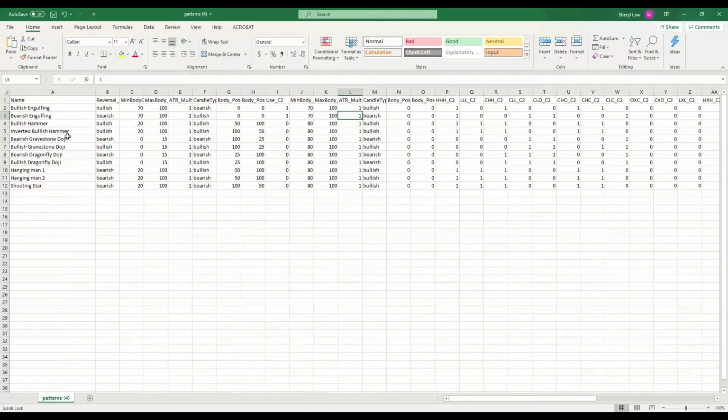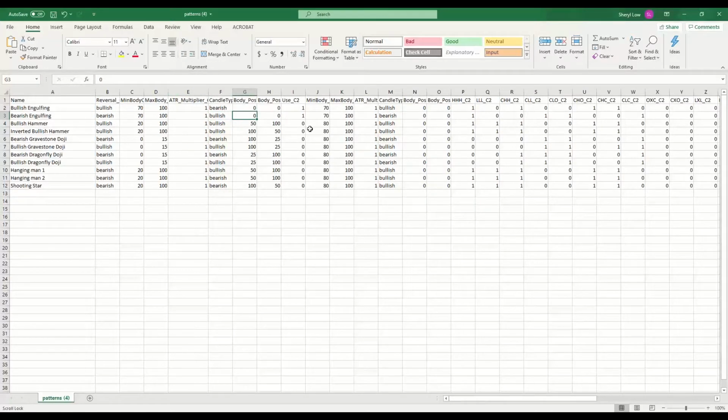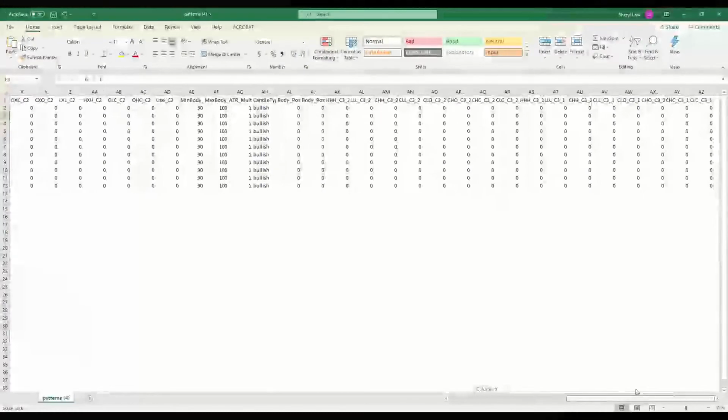I zoom in into each candlestick formation. I will look at what's the minimum size of the body, whether it's a bearish or bullish candlestick. We use ATR multipliers, so it's adaptive in that sense, and we calculate every single thing.